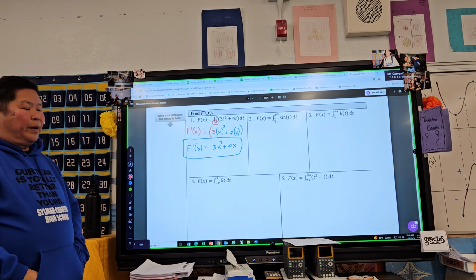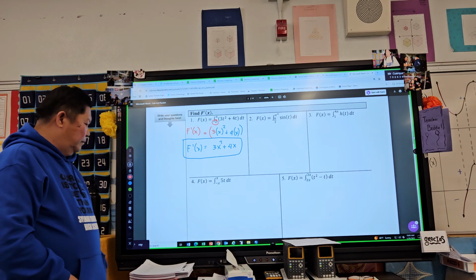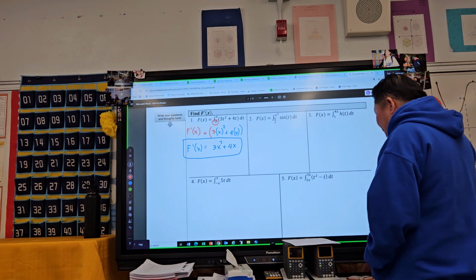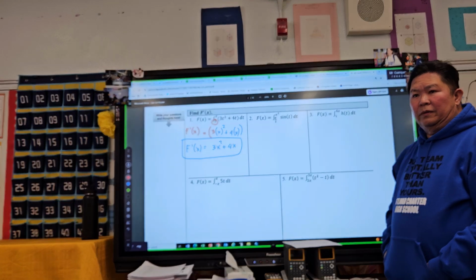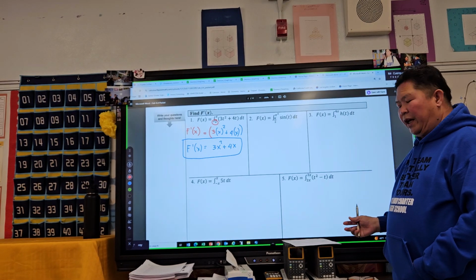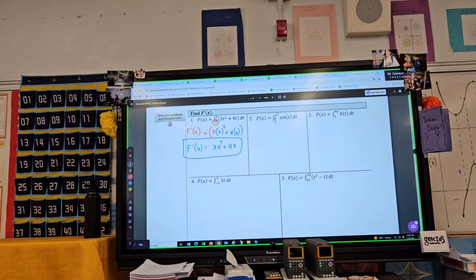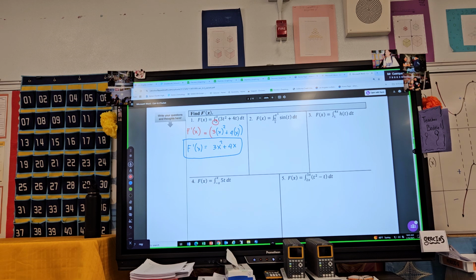Next, what about number 2? Any idea? You replace the t. What is the lower limit? Pi over 2. What is the upper limit? x. But is pi over 2 a function or a constant?